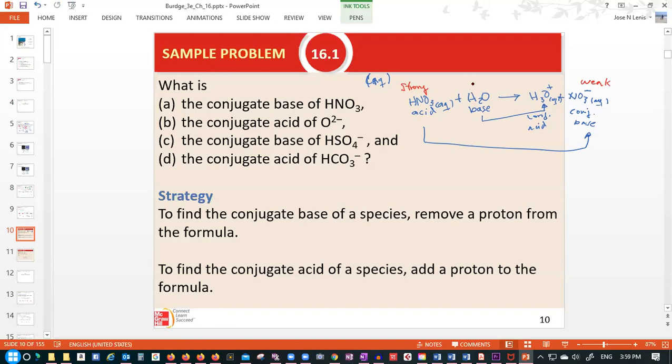And we classify this as a weak base giving off a strong conjugate acid. This strong-weak classification is really important. So I recommend every time you do this analysis, also do the strong-weak analysis for every species.